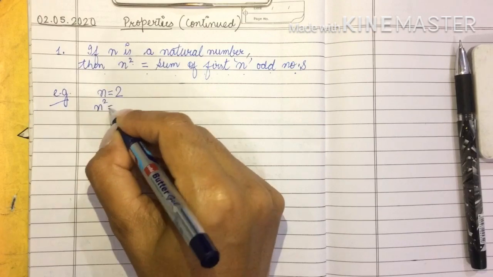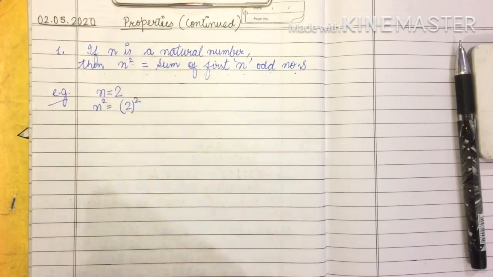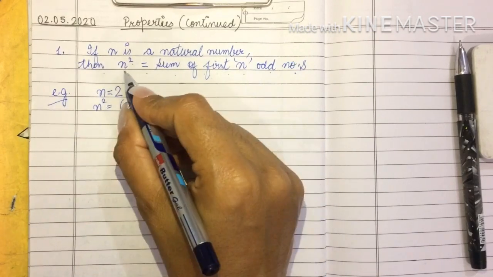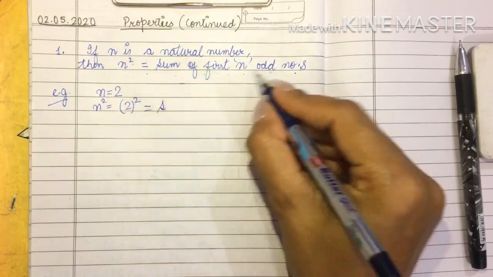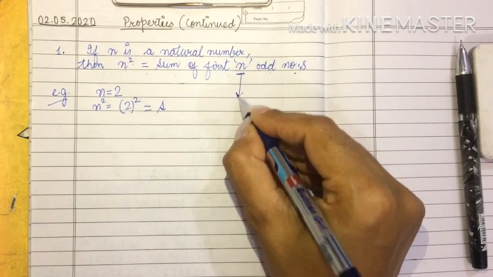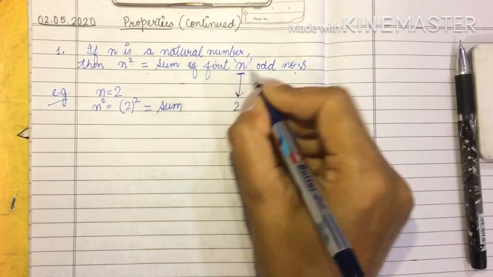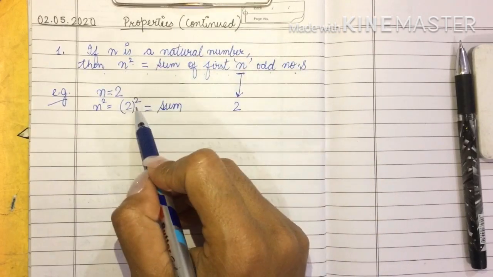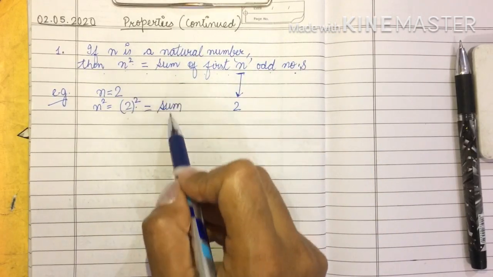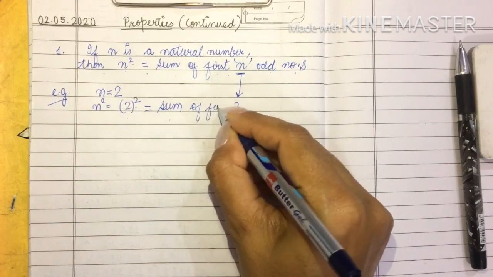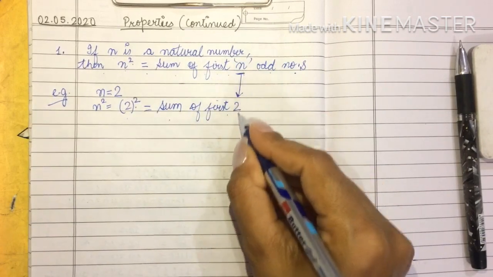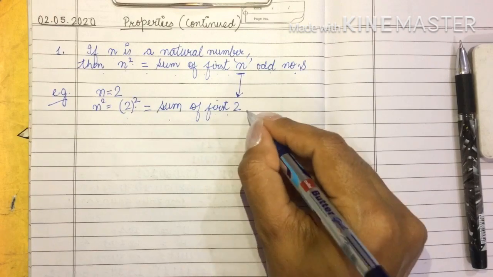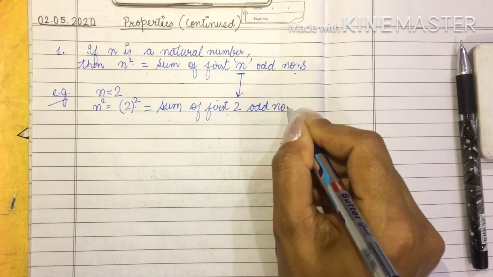So n square will be 2 square. And if I replace the value of n, I have taken it as 2. So according to this property, n square equals the sum of the first 2 odd numbers.